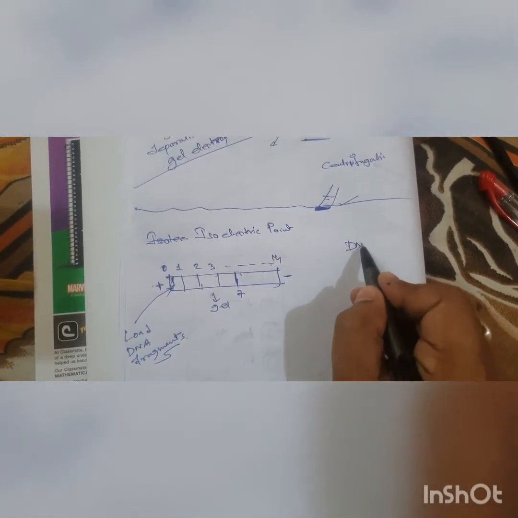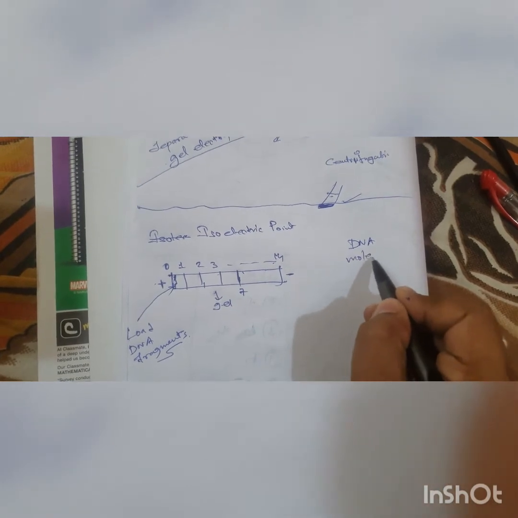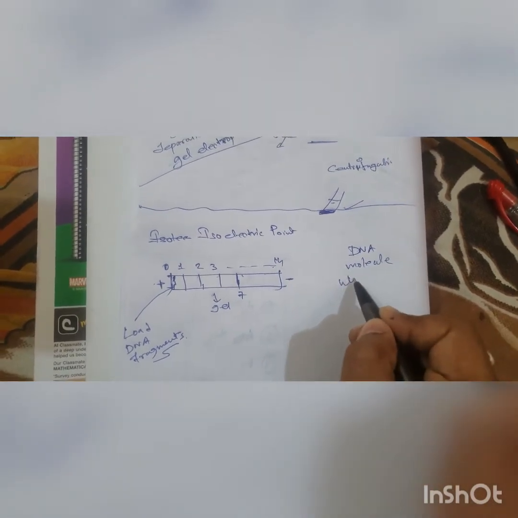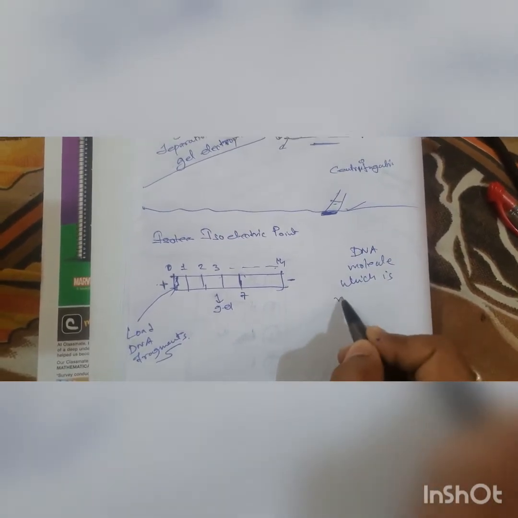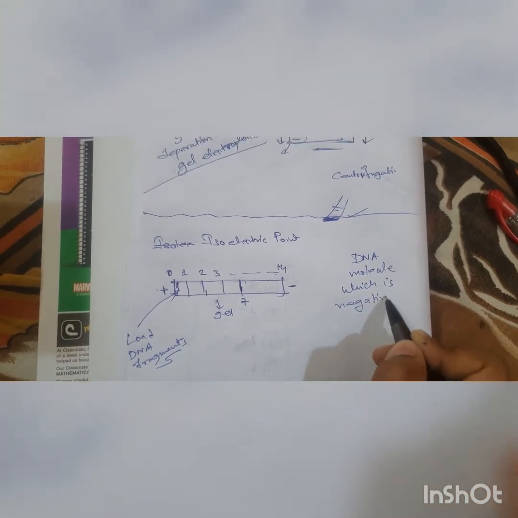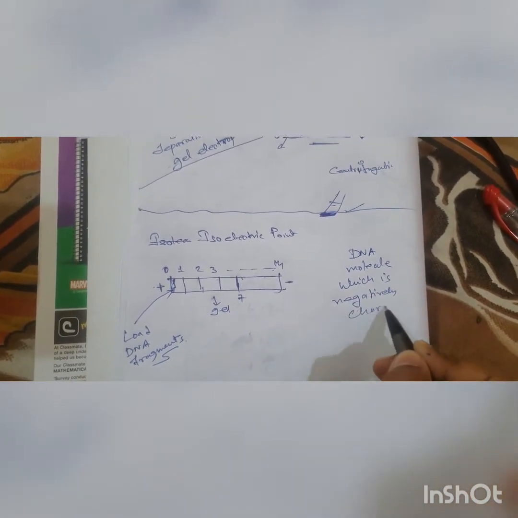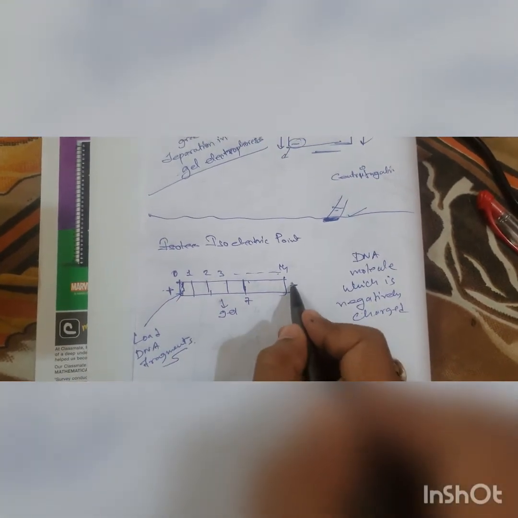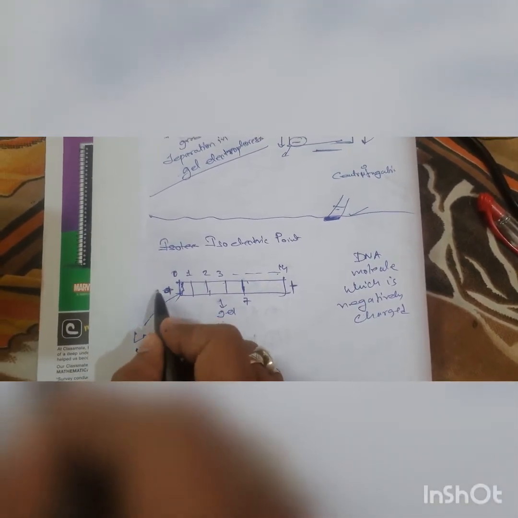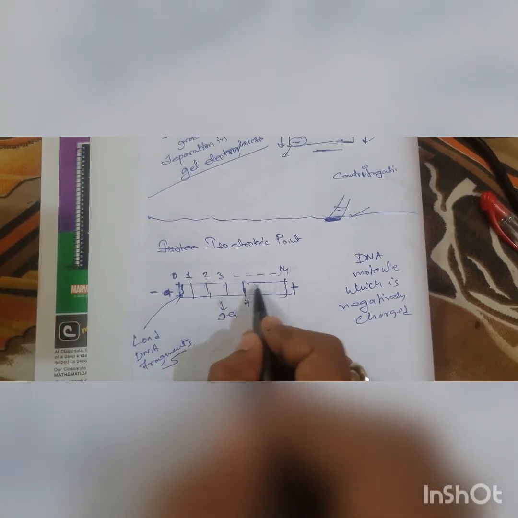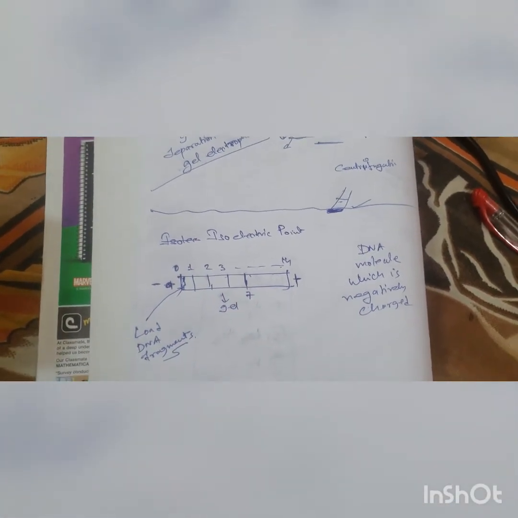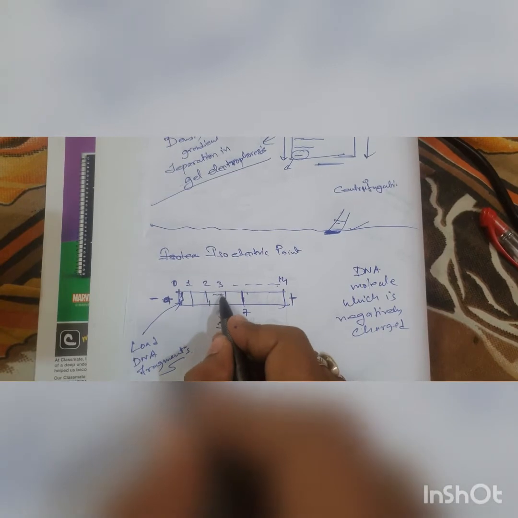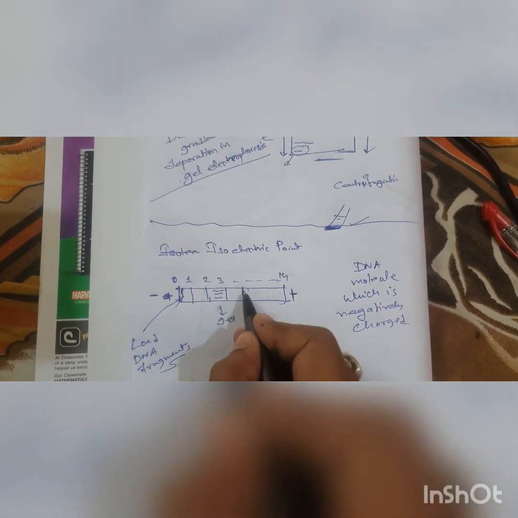The DNA molecule which is negatively charged will start moving, this is the positive terminal, this is the negative terminal. Okay, it will start moving towards the positive terminal. Now at a particular pH, some of the DNA will come and stop moving.